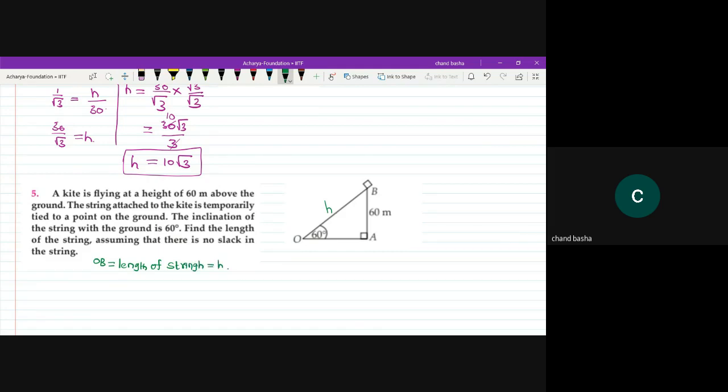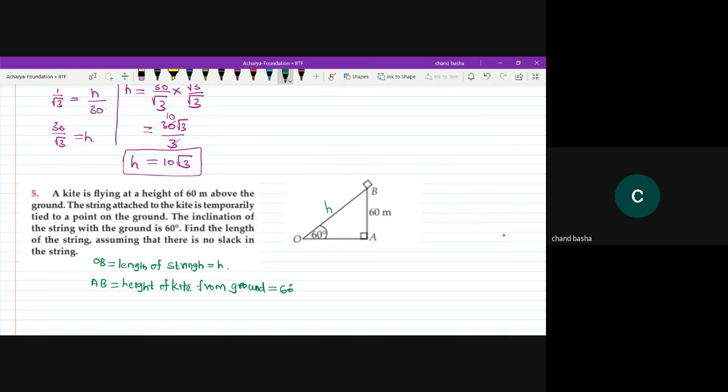H. And AB, that is the height of the kite from the level ground, is given to you. AB is equal to the height of the kite from the ground. This is clearly given to you, 60.